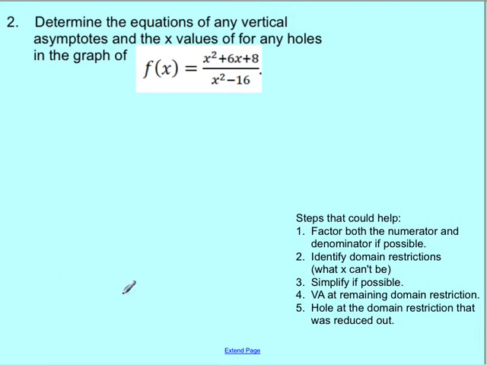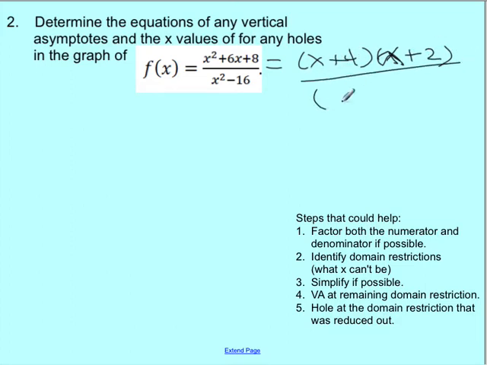Example 2, same thing. We want to find any holes or any vertical asymptotes. So start by factoring. Multiplies to 8, but adds to 2. So 4 and 2, both positive.